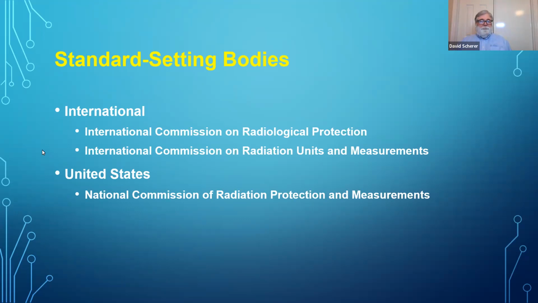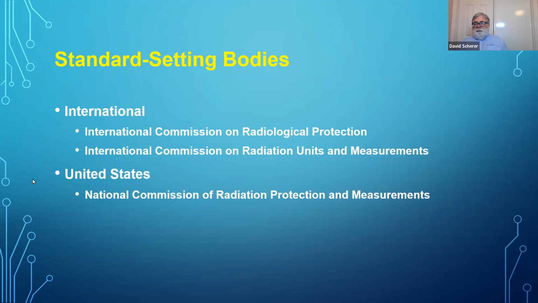And then there's another organization, the International Commission on Radiation Units and Measurements, called the ICRU. They're the body that establishes primarily the scientific basis for how we measure things, how we evaluate things, and they're most active in medical dosimetry.